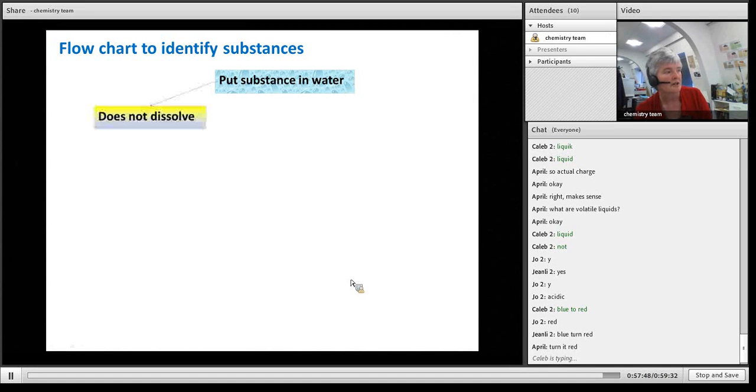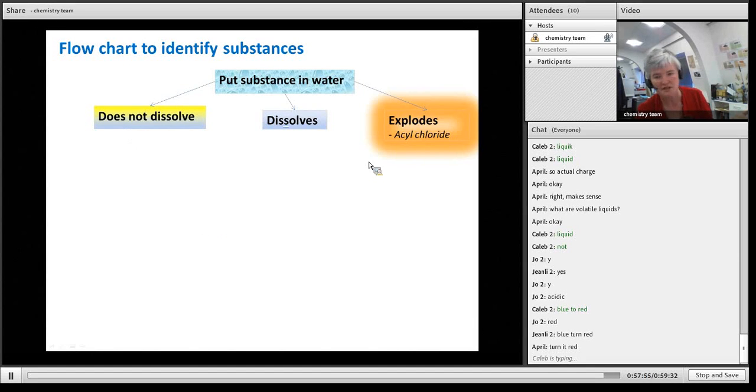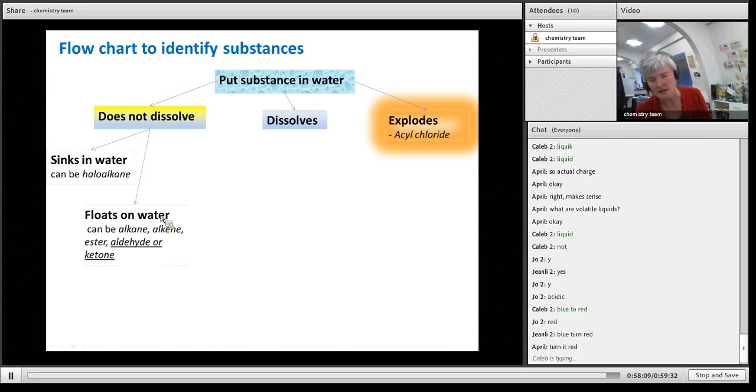So check whether it dissolves or doesn't dissolve, or whether it reacts with bubbles. It's not a big explosion, but you will see bubbles. If it sinks in water, it's probably a haloalkane, depending on its density. If it floats in water, it's probably one of the other substances.